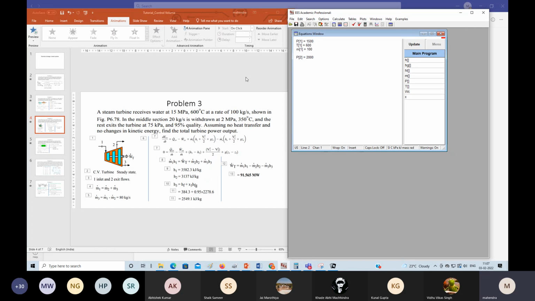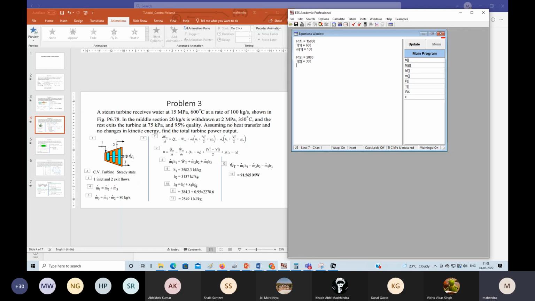Actually, 15 megapascal means 150 bar, then multiplying with 100, it should be 15,000 kPa. Yes. This is 2 megapascals, meaning 20 bar, multiplying by 100. Okay, fine. Then its temperature is 350, so T2 equal to 350.